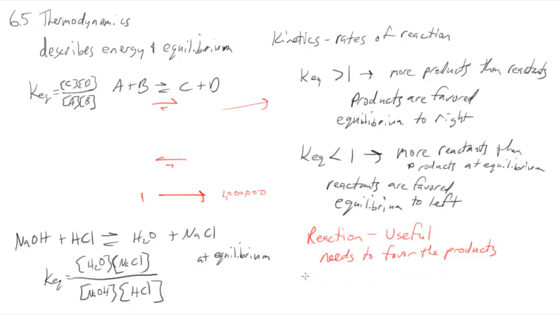And in effect, equilibrium always favors the lowest energy species, or the lowest energy side of the reaction. So that gets back to my question that I asked from the very beginning. If I say why, the answer is lower energy. Why does equilibrium go a certain direction? Lower energy. So we have to find ways to make it lower energy if we want a reaction to occur.